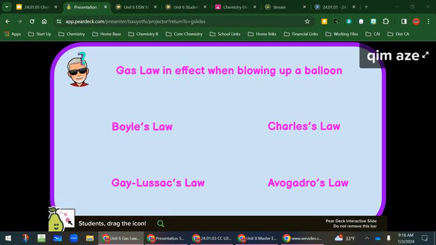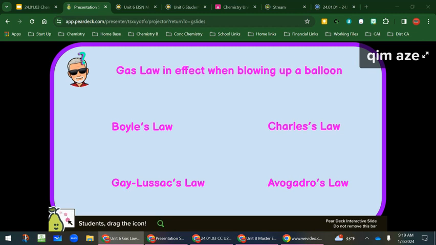And because all of the other three, Boyle's, Charles, and Gay-Lussac's, what are you required to hold constant in all of them? There's only four variables, ladies and gentlemen.